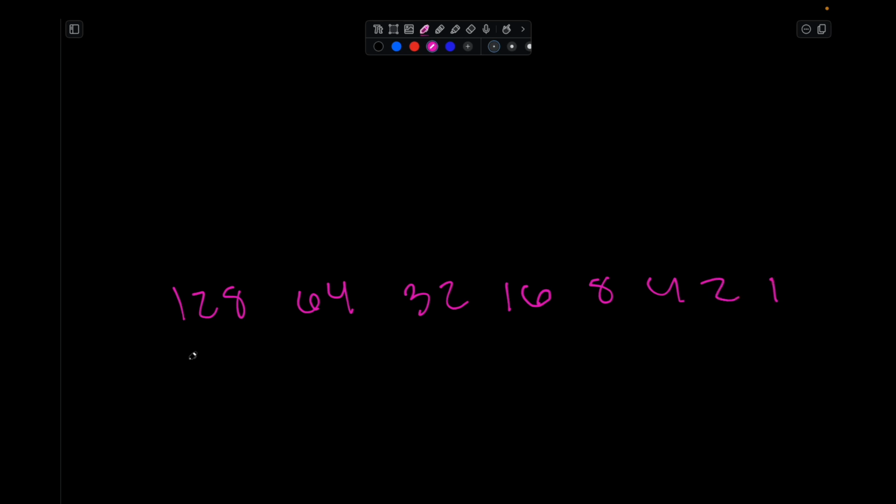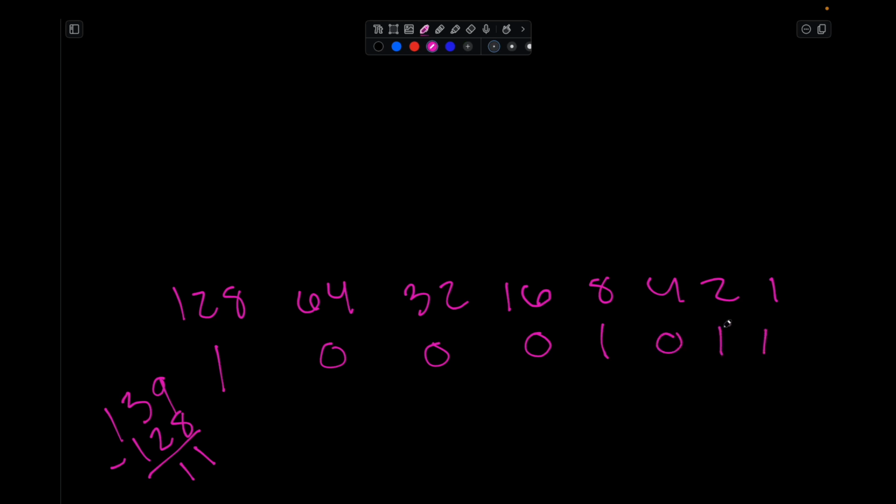Is 139 bigger than 128? It is, so that's going to be on. Now we subtract: 139 minus 128 gives us 11. So that's going to be a 0, a 0, a 0, then 1. Now we have 10, and now we have 11. That's 139 in binary.